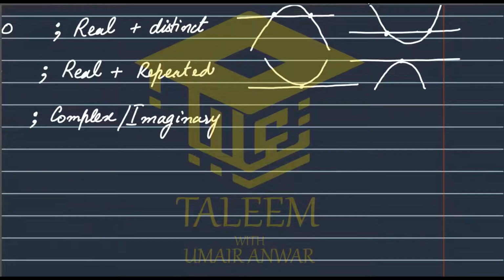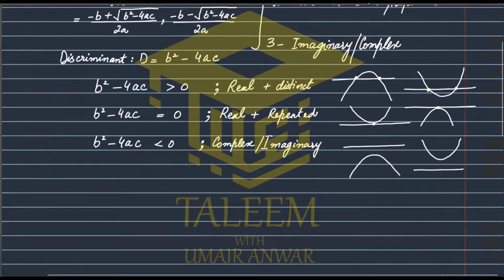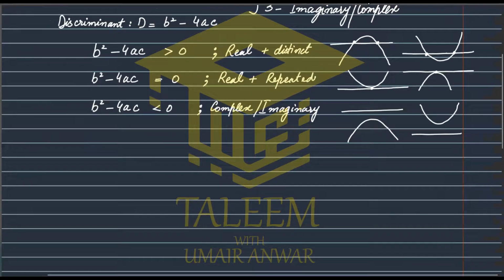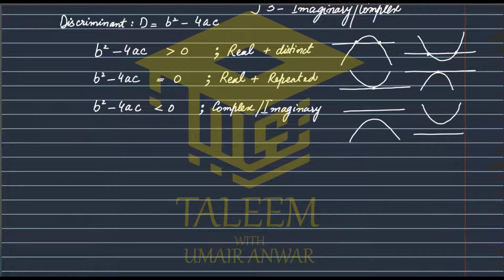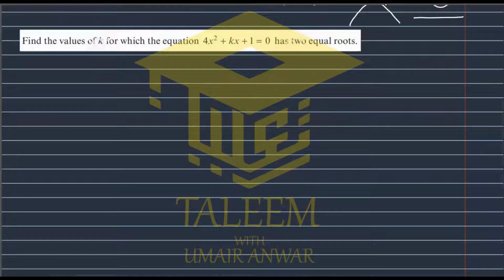And if we get two imaginary or complex answers, then it means that there is no point of intersection between the curve and the x-axis, or the curve is actually not touching or intersecting the x-axis anywhere. So this is the physical interpretation of these three types. We are solving an example to further understand this concept.